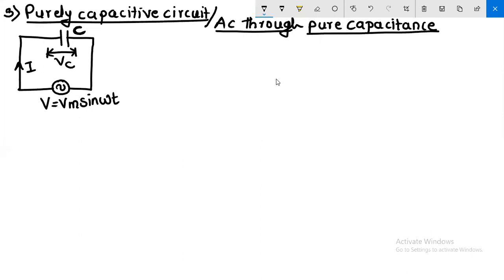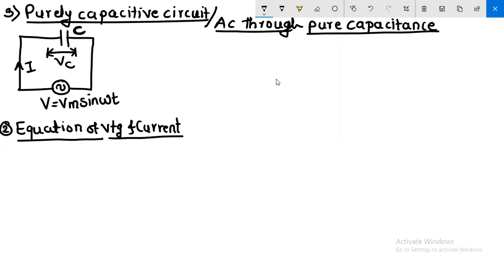Here is the capacitance C, the voltage applied across it is V, given by Vm sine of omega t, and the current flowing through this circuit is I. Now first of all, we have to find the equation of voltage and current for this circuit.